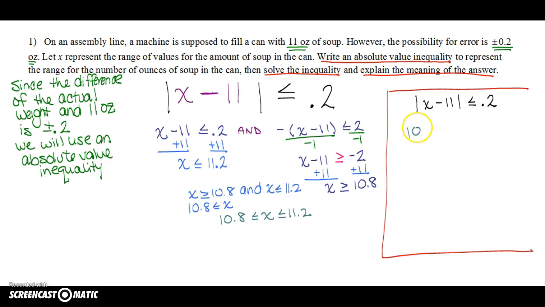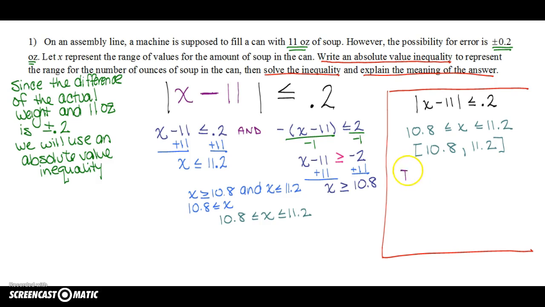You can either write your answer in set builder or in interval notation. The directions did not state which representation was required. My last part of the problem is to explain the meaning of this answer.